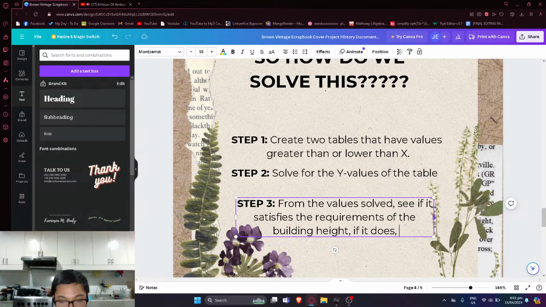It does. Values that can be on the height limit.